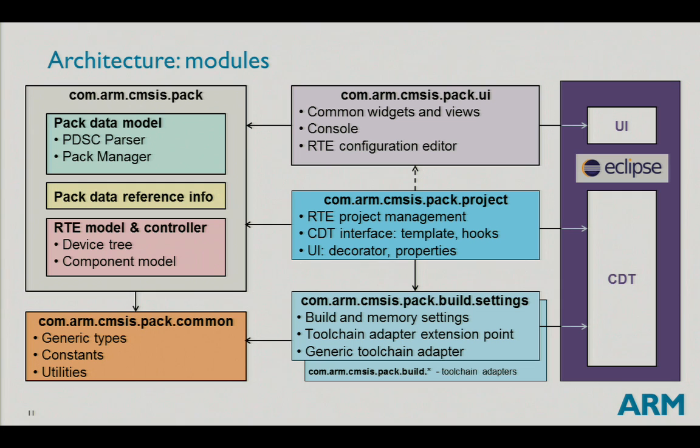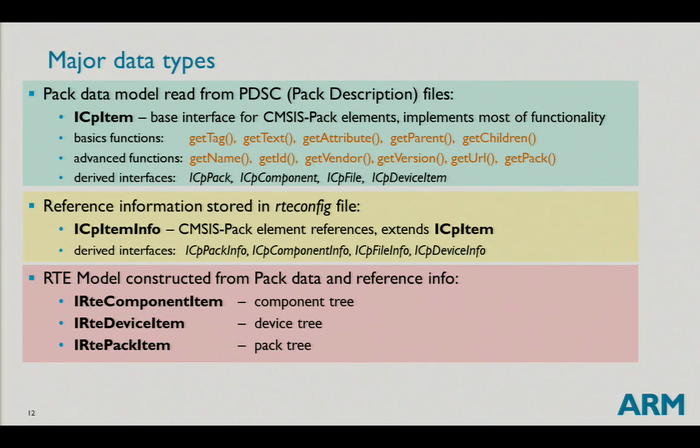Then the data references which we store in the project, so in the RTE configuration file. And the RTE model, which manages the information, so transfers one, so uses both of these worlds. And let's dive into this particular plugin.